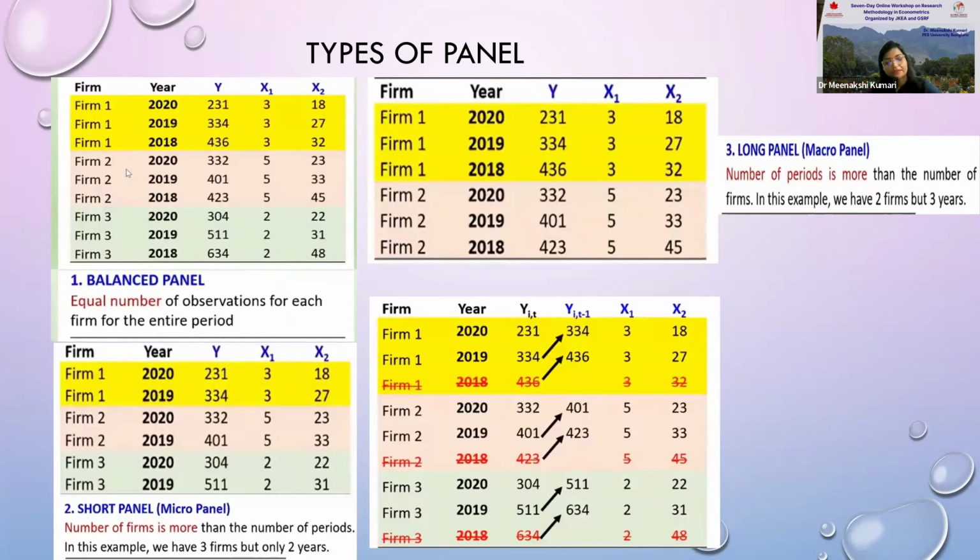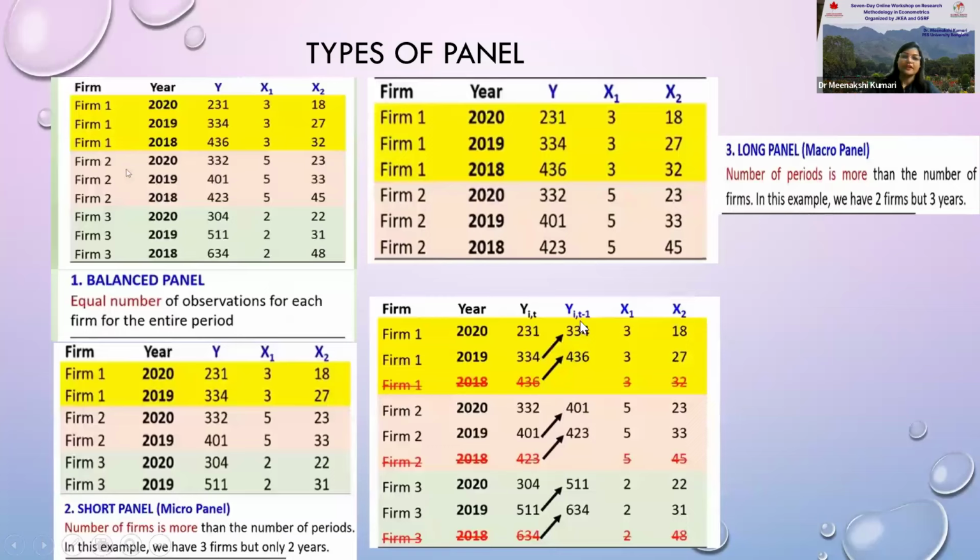So the variable that can be affected by the previous past year's values, that we call a lag variable. And if we are making another variable as a lag, and this is your one explanatory or independent variable, this Yit will be your dependent variable.